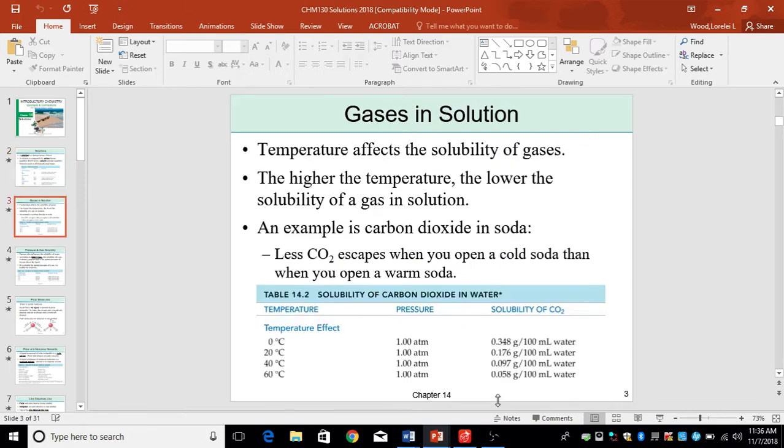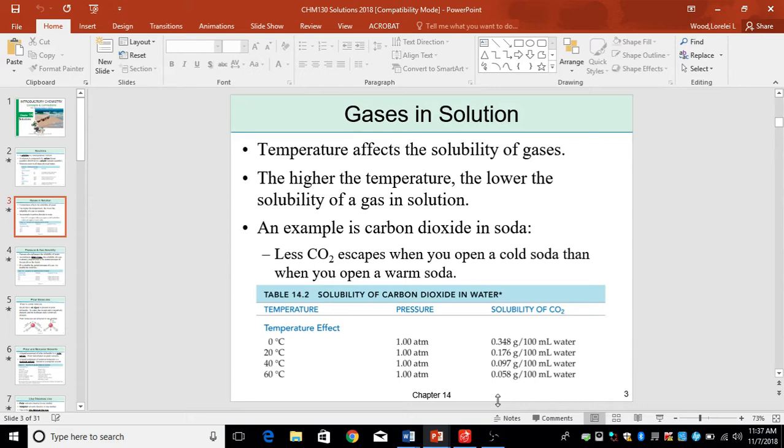Gases in solution behave just like solids in solution, except in opposite ways. When you want to dissolve more of a solid in solution, say for example you have iced tea, and you want to dissolve more sugar in it, if the iced tea is warmer, you can dissolve more sugar into it, right? Gases are just the opposite. The solubility of a gas decreases as the temperature increases. I'm sure you've seen that.